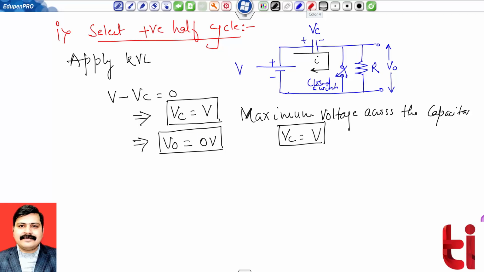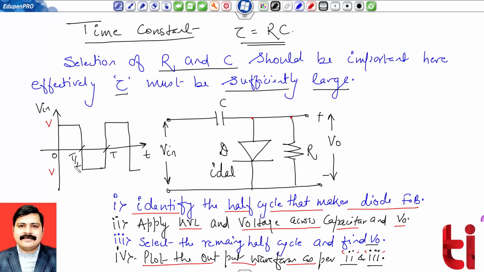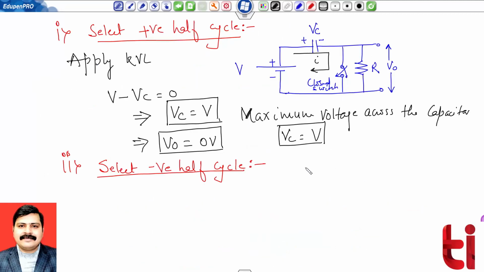Okay, now the next point over here is negative half cycle. And for this half cycle, let me draw the circuit first, and you can check during the negative half cycle, my entire signal will be of minus V. So that makes my diode reverse bias, means diode will be replaced by an open circuit.